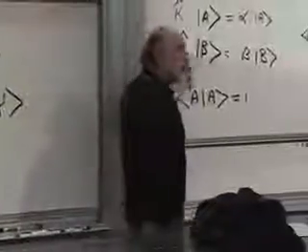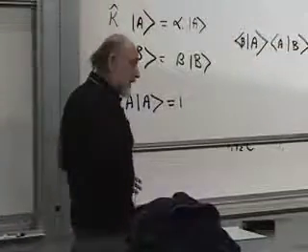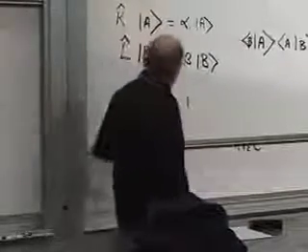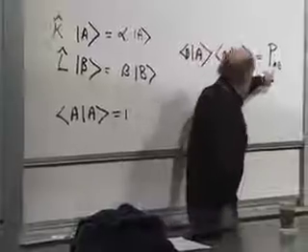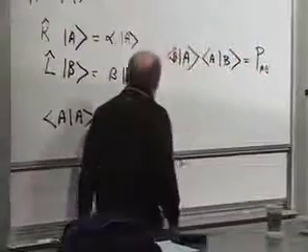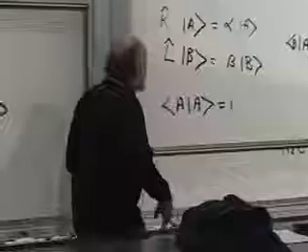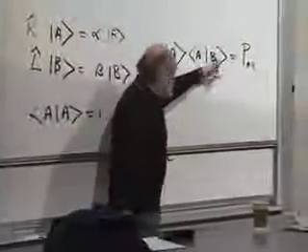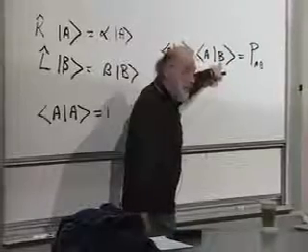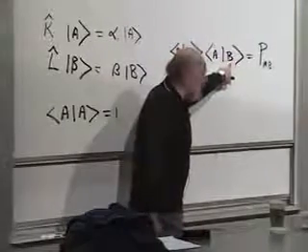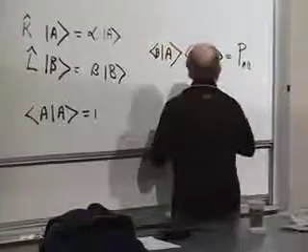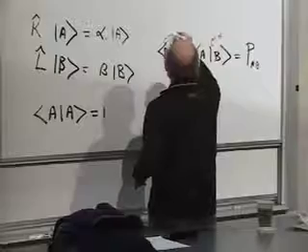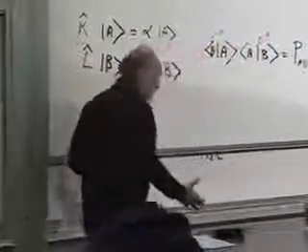We can choose the overall phase of the state any way we like. It doesn't make any difference to what we would measure. Likewise, in the probability, if we multiplied either A or B or both by a phase, it would also cancel out. Let's suppose we multiply B by a phase. The ket vector over here would get multiplied by a phase, and the bra vector over here would get multiplied by the opposite phase, and they would cancel.